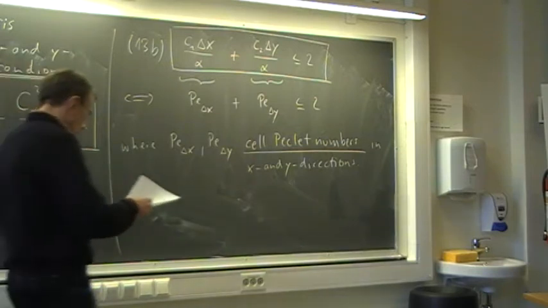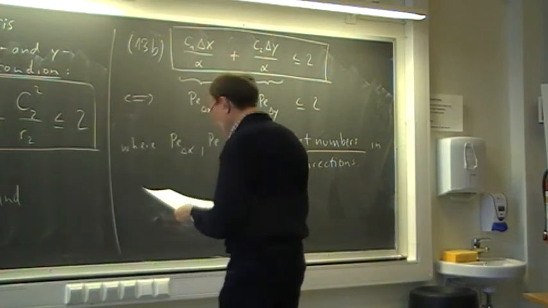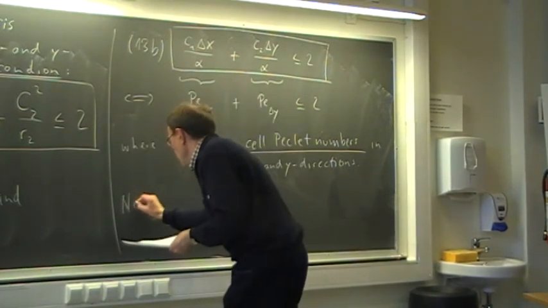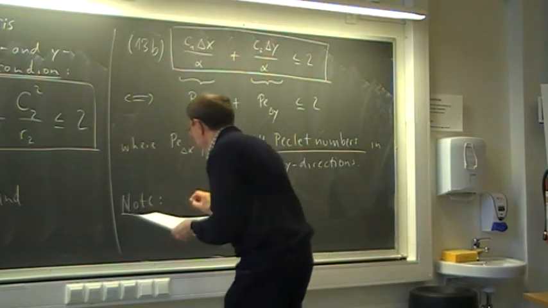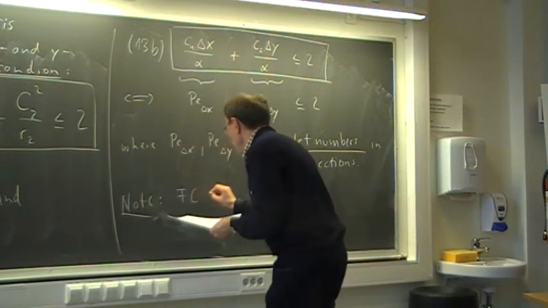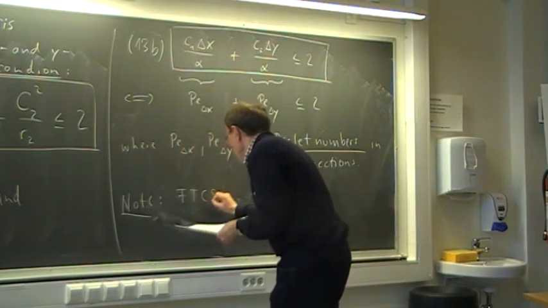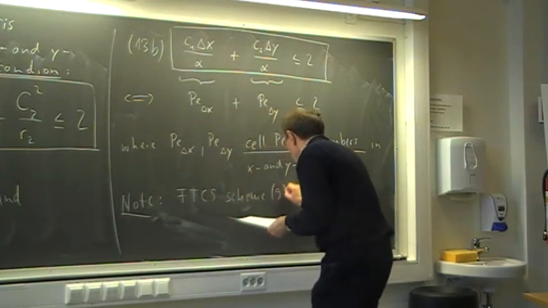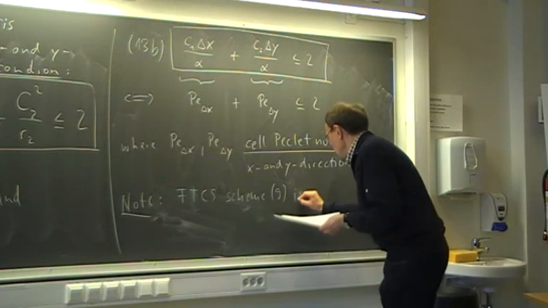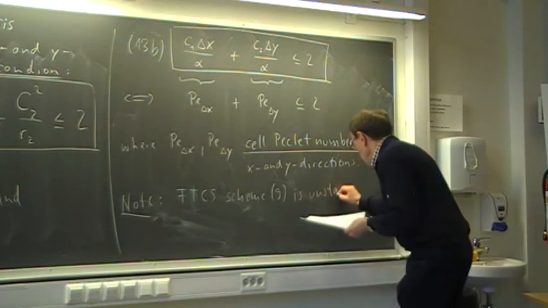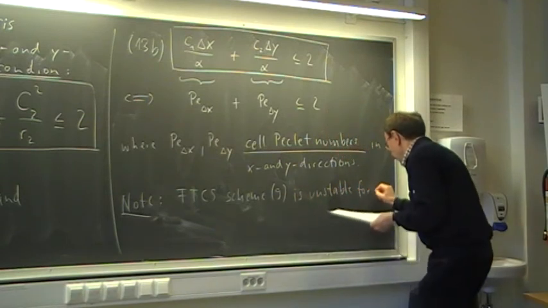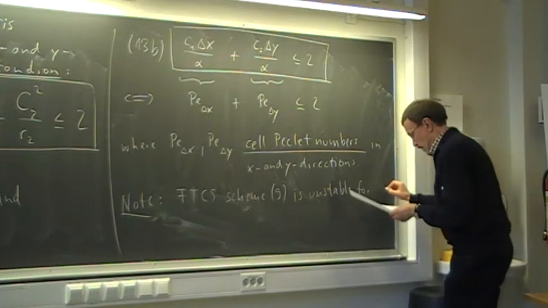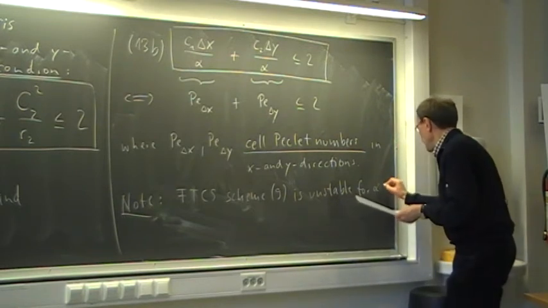So again, let us note that. The forward time, centered space scheme 9 is unstable for alpha equal to 0.